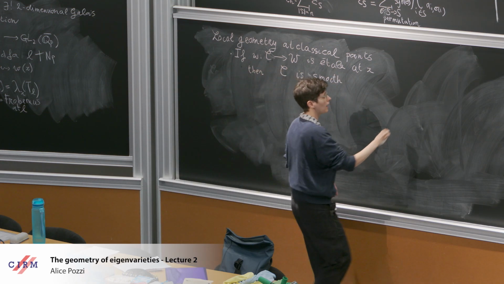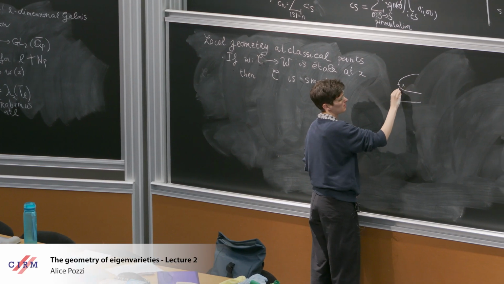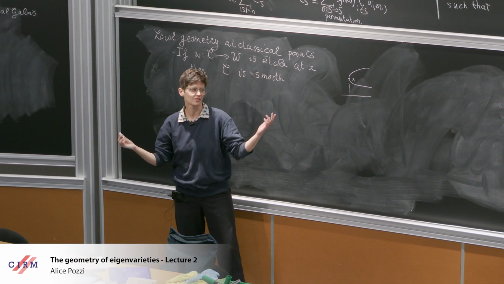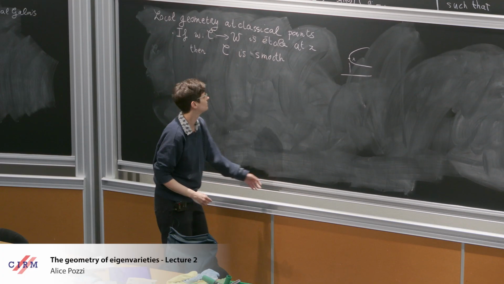For example, I can imagine a picture in which X is this. This is the classic picture of smooth but not étale. Okay?